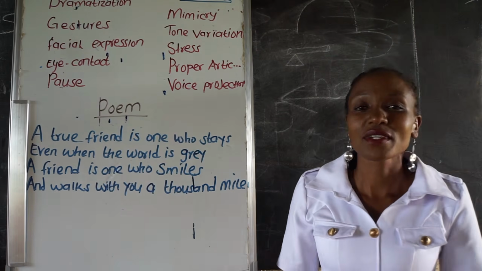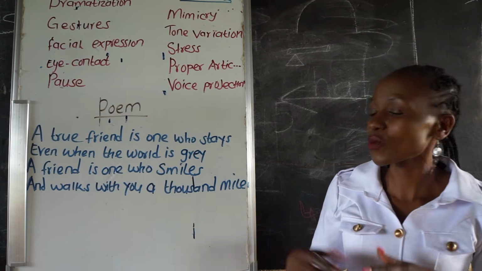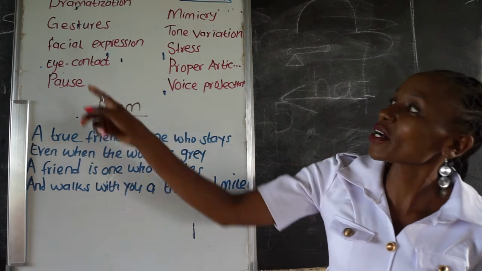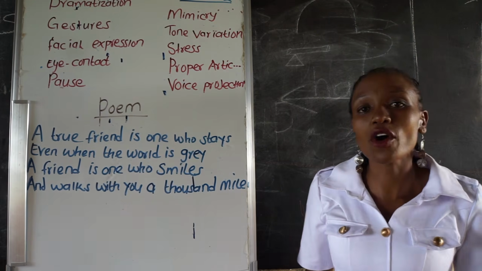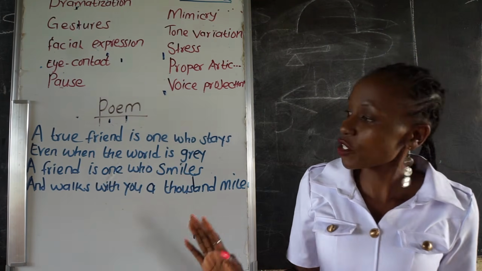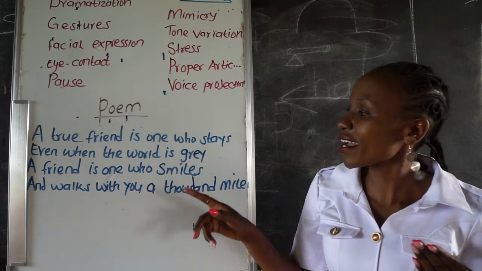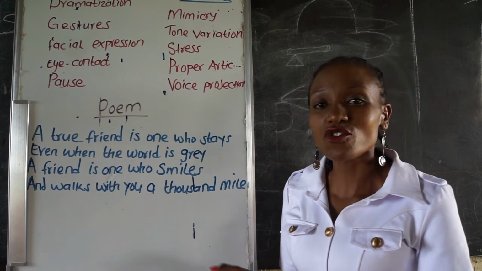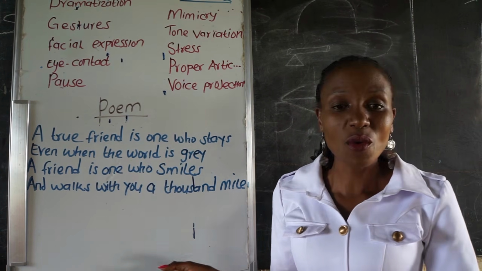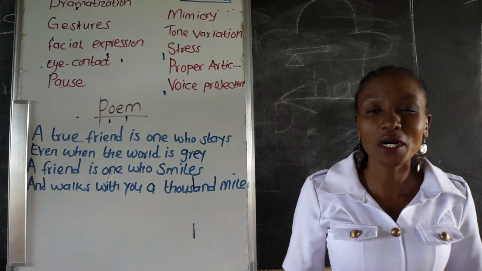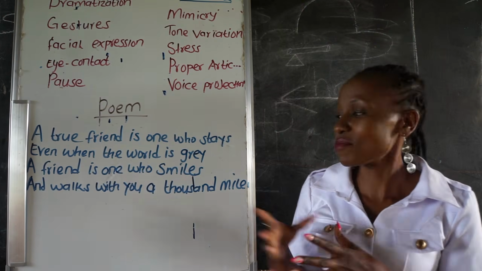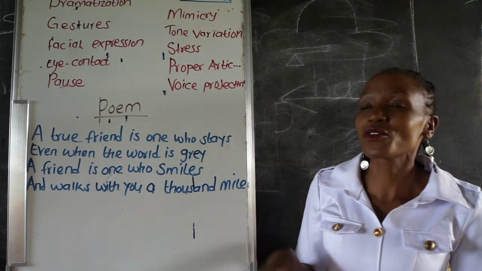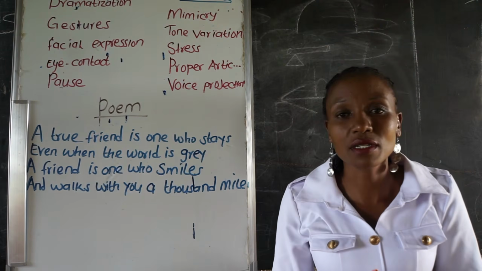Number 2, and walks with you 1,000 miles. Yes, we are going to dramatize by walking. You won't stand. When you say, a friend is one who smiles and walks, you have to walk. I can walk here because of what is here, but you can. And walks with you 1,000 miles. That is it.